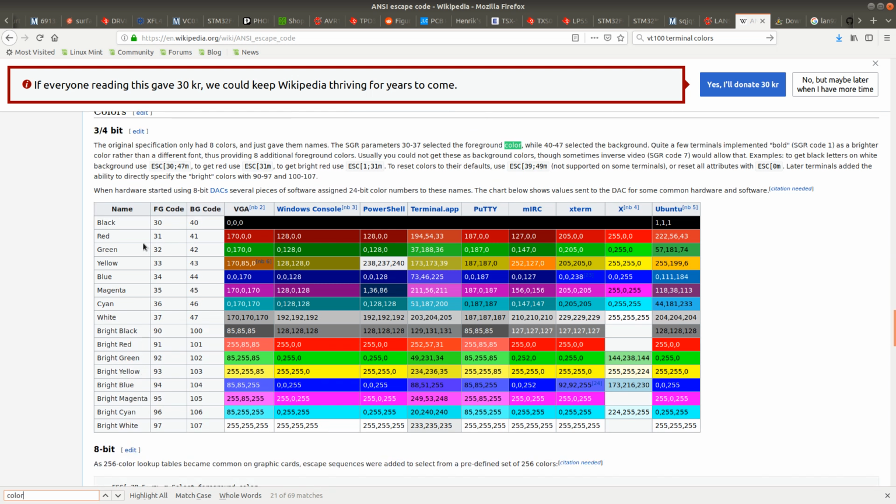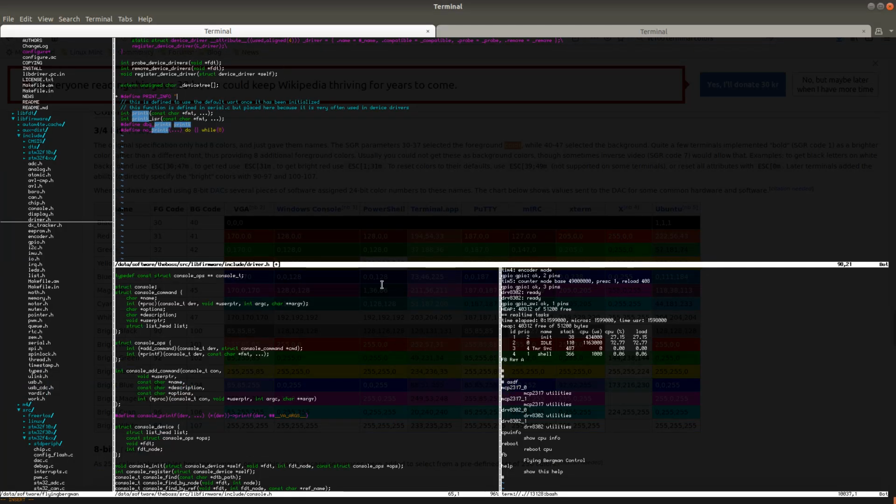And then I will have red, so it's going to be 31. Okay, cool. And this string will be x0b. Let's see.